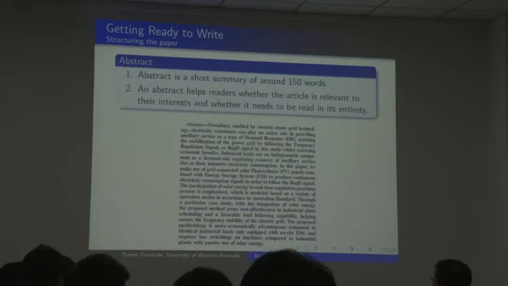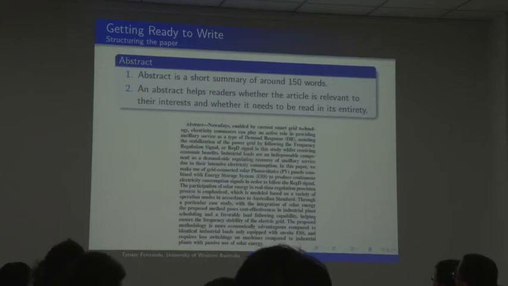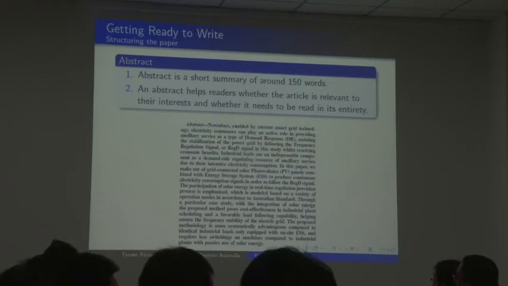Industrial loads are an indispensable component as a demand-side regulation resource of ancillary services due to their intensive electricity consumption. It says, in this paper, we make use of grid-connected solar PV panels combined with energy storage systems to produce a continuous electricity consumption signal in order to follow the REGD signal.